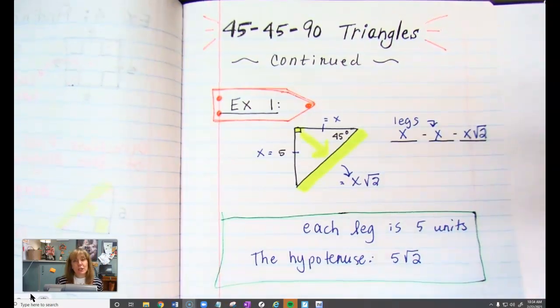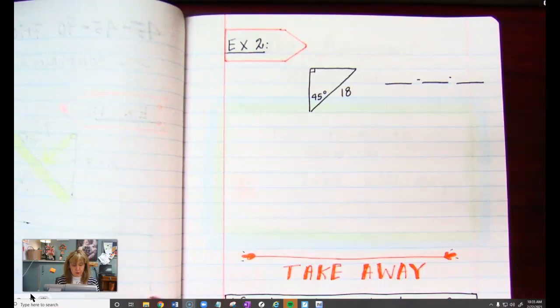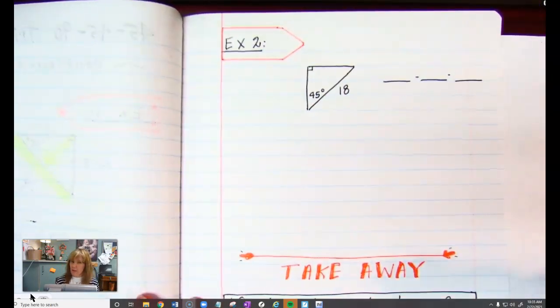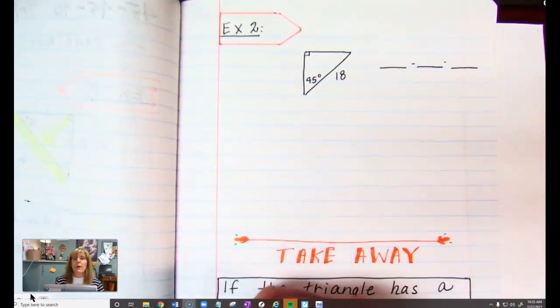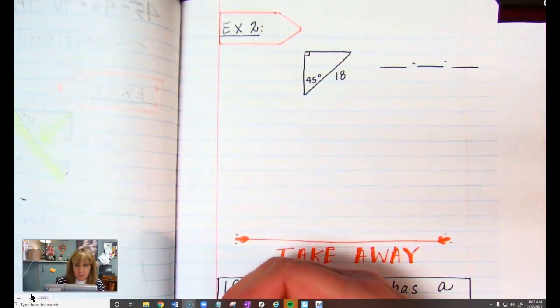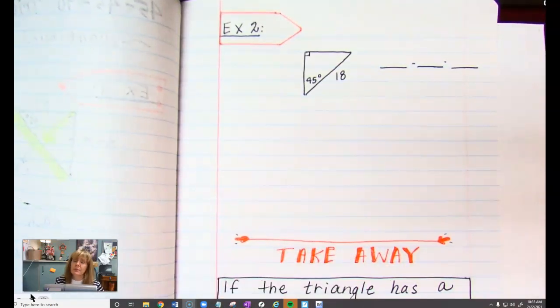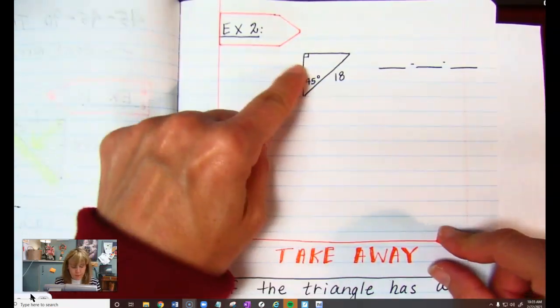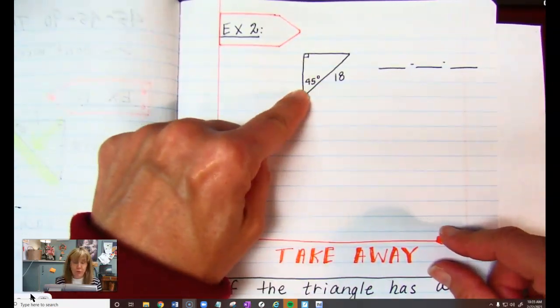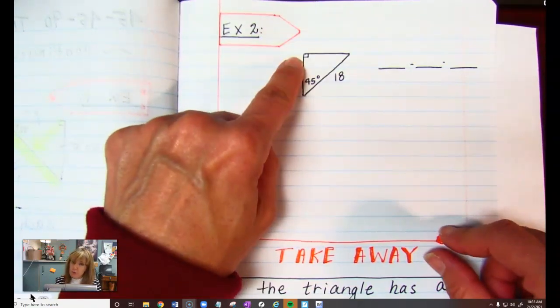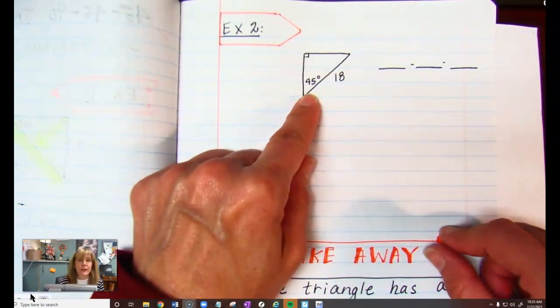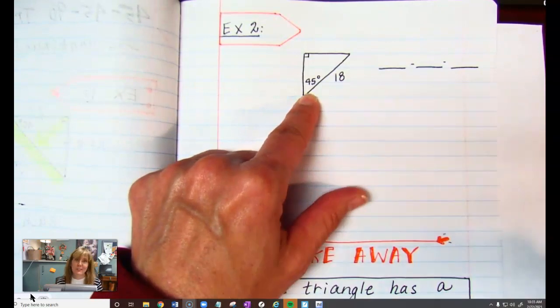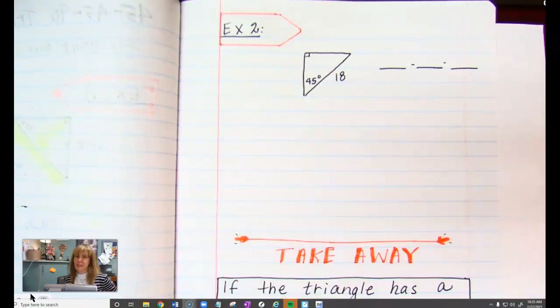Now we're going to take a look at level 2. Remember, for level 2, the hypotenuse is given. I'm going to give you a second just to write that down. And please remember, we're going to have a bunch of right triangles all mixed up. When you have a 45, 45, 90, you're going to have a right angle symbol, and at least one of those other angle measurements is going to be 45 degrees.